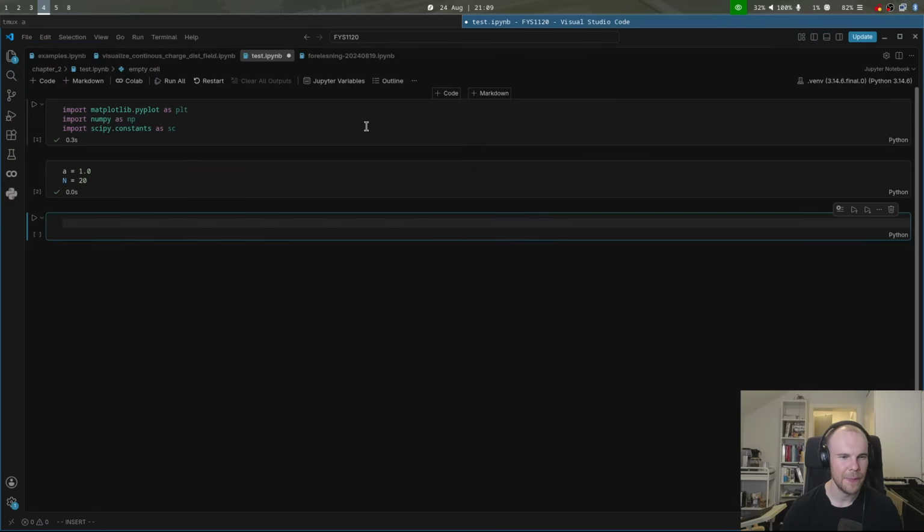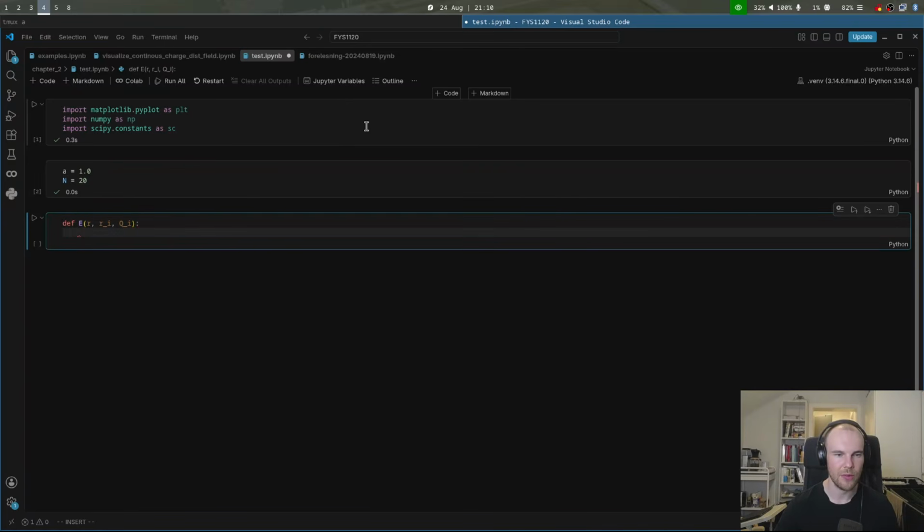Okay, and what do I want? I want this function. So the electric field, we need our position, right? We call that r, and r prime, we can call it r sub i, and then I want q sub i as well, right?